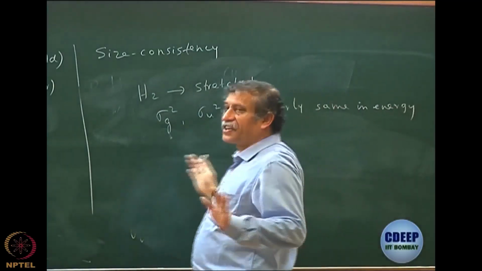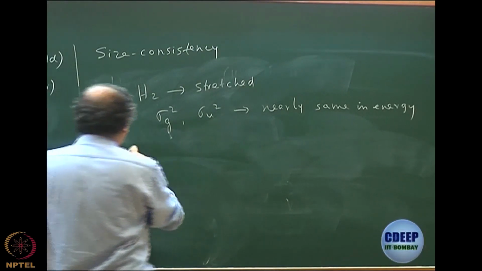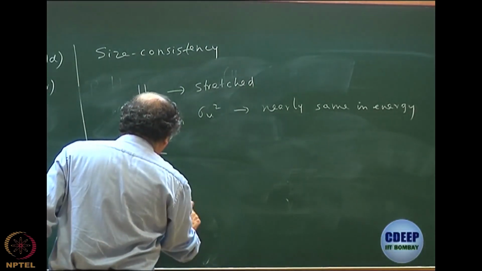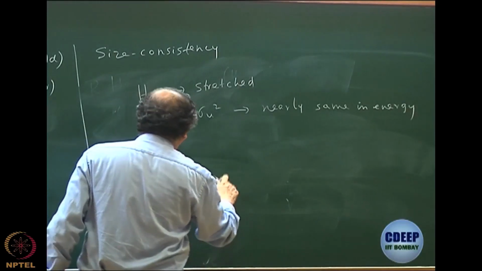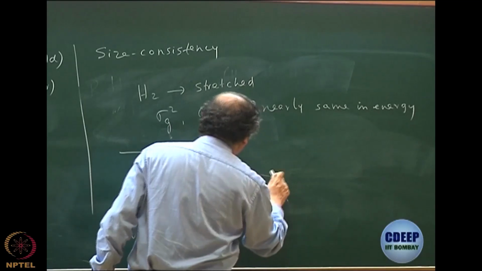Okay, they may not be degenerate. They may be degenerate only at the separation point, but if I stretch, they will come closer and closer. So basically, if this is the equilibrium sigma g and sigma u, as you go forward, this will go down, this will go up, and something like this.